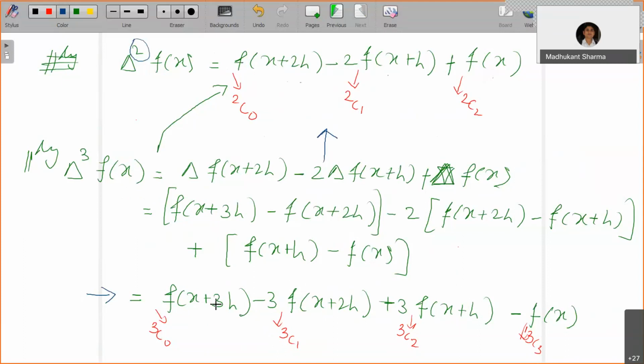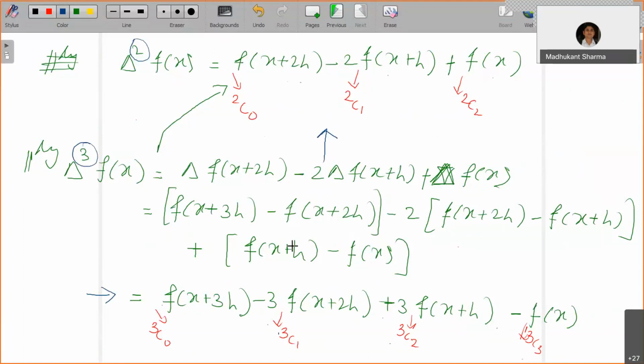The coefficients of the first, second, third and fourth terms are given by binomial coefficients. Here the power is 3, so we have 3C0, 3C1, 3C2, 3C3. Again you see the pattern of positive, negative, positive, negative.